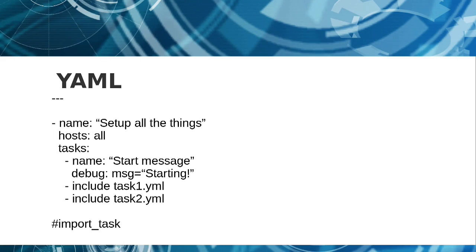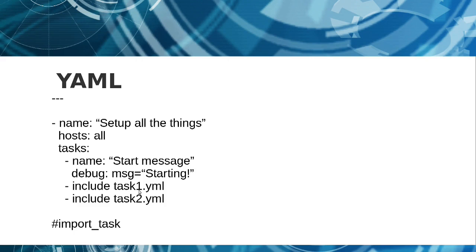And then you specify a list of tasks, which will do the setup for them. You can keep going down the chain. Every single one of these individual tasks can also have names. I didn't include that everywhere. Like this one, you're specifically using the debug module to print out a message that just says, hey, I'm starting it. And then we include a couple of extra tasks.